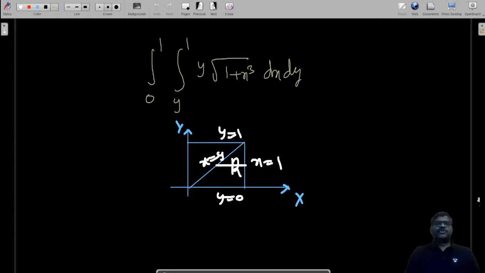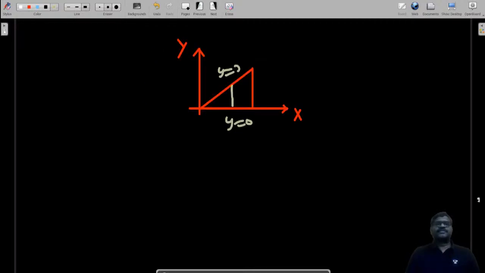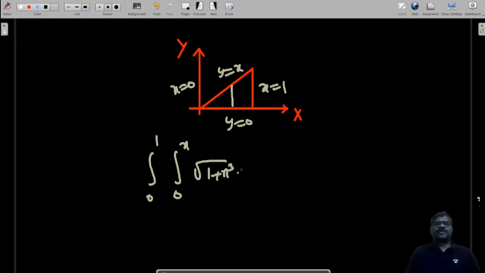We have to change the order of integration. y equal to 0, y equal to x. x equal to 0, x equal to 1. Integral 0 to 1, integral 0 to x, square root of 1 plus x cube, y dy dx.